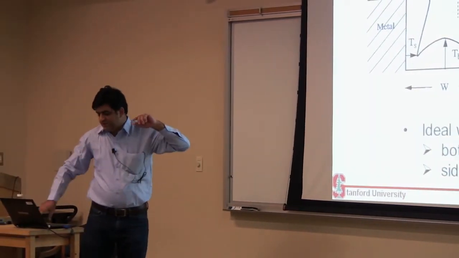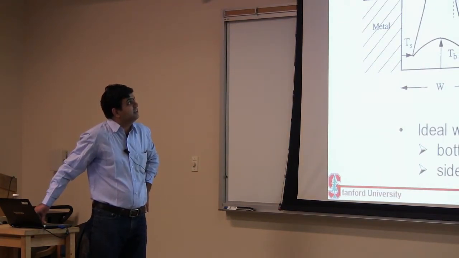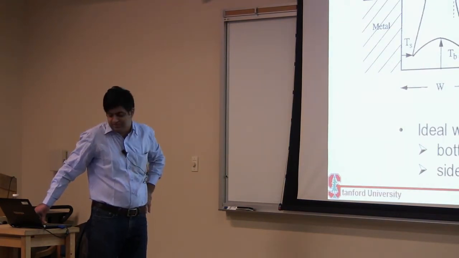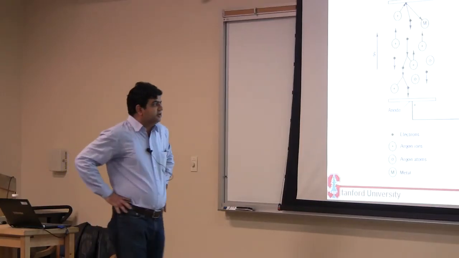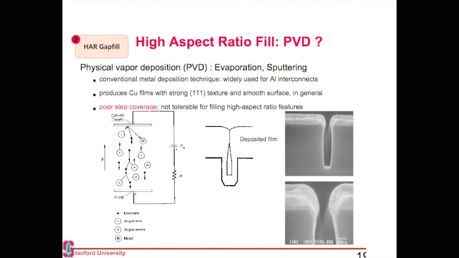So that's the other point I want to talk about, how to fill these high aspect ratio structures. Let's look at all the tools we have at our disposal, right? One thing I could do is PVD, but PVD is a line of sight process. You have an evaporator, and ions coming from that target, and it has very poor conformality.